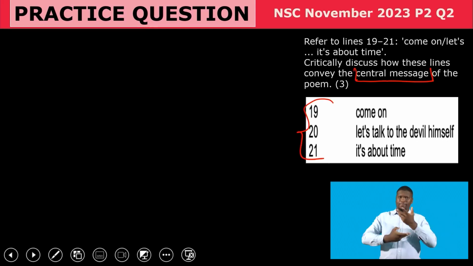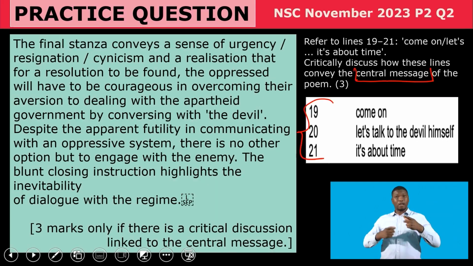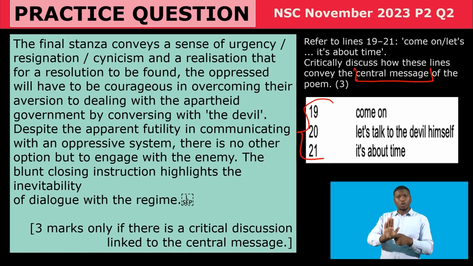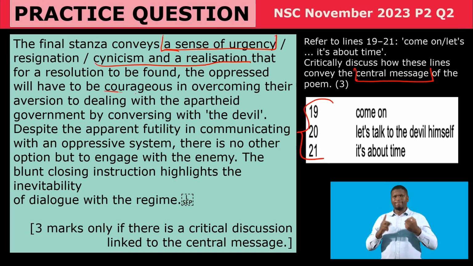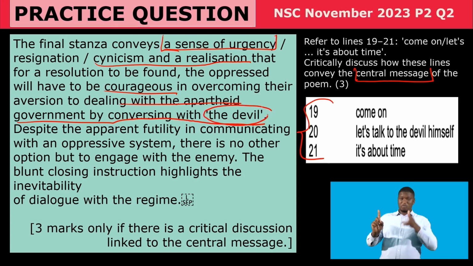The final stanza conveys a sense of urgency, resignation, cynicism, and a realization that for a resolution to be found, the oppressed will have to be courageous in overcoming their aversion to dealing with the apartheid government by conversing with the devil.